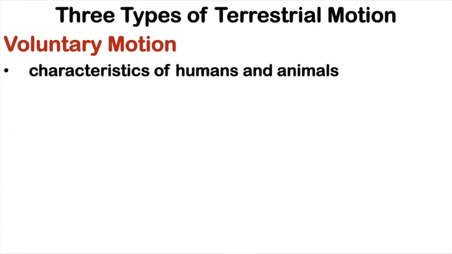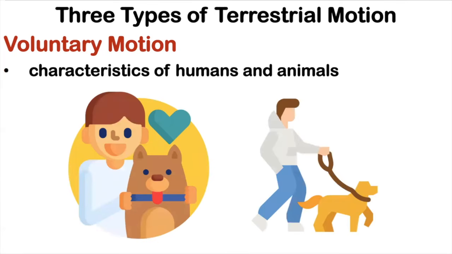Next, we have the voluntary motion. So the second type of motion is voluntary motion. And according to Aristotle, this was an innate characteristic of humans and animals. It's within them. So humans and animals, they basically had the will to move, okay?